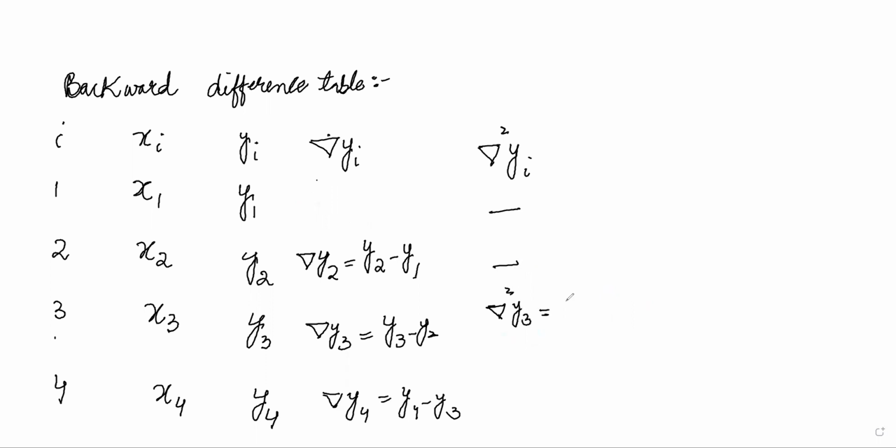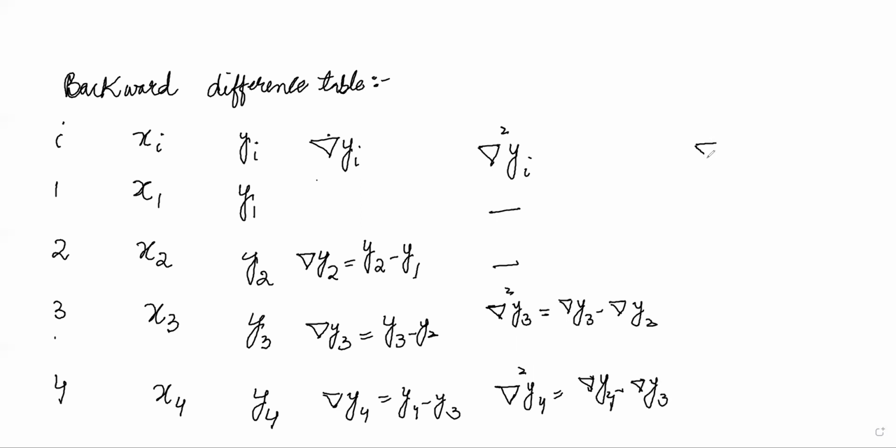That will be delta y3 minus delta y2, and the last one, delta 2 y4, will be delta y4 minus delta y3.